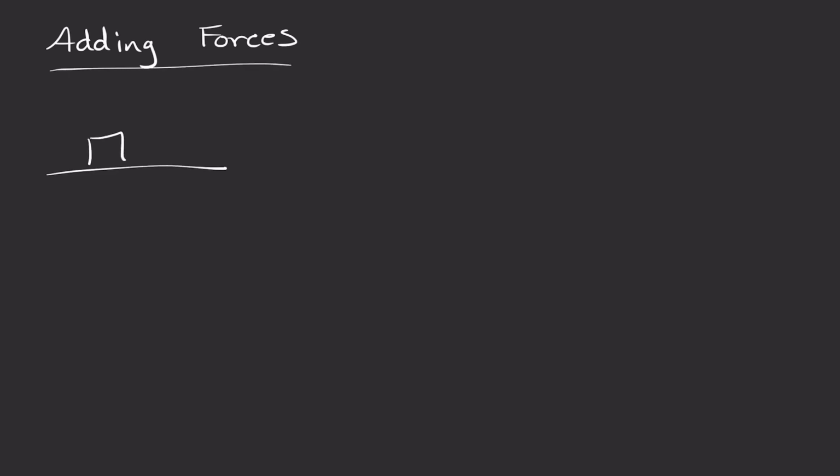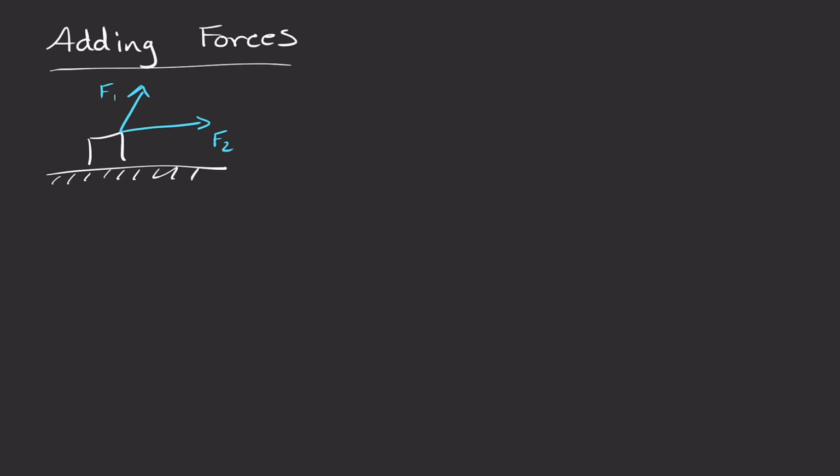So what are things that you might want to do with forces? Well, you may want to add them together. Often you may have multiple forces acting on an object. Maybe you have this object sitting on some surface, and you have one force pulling up like this, another pulling to the right.